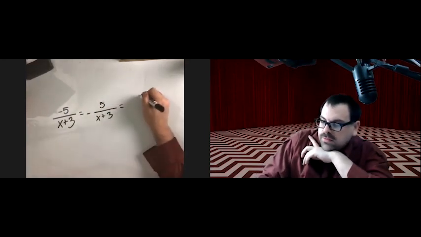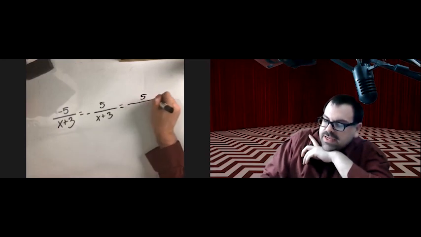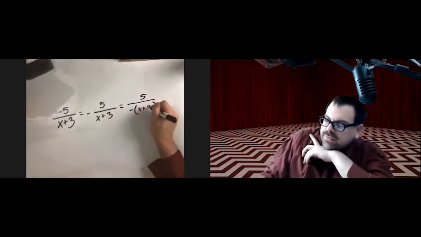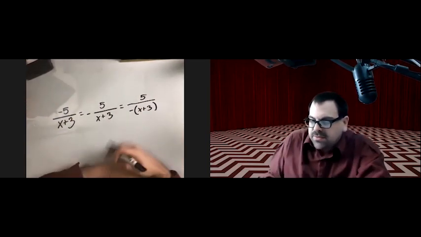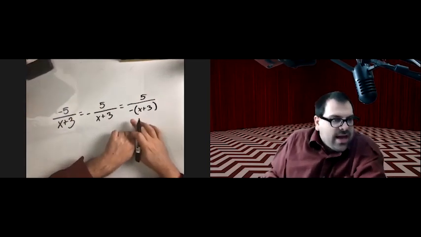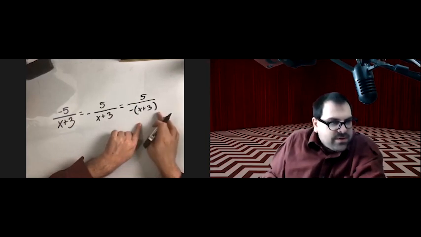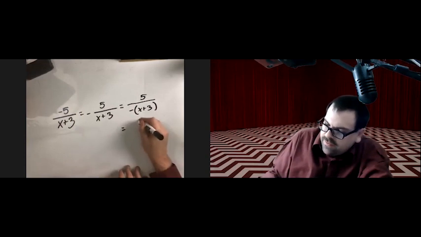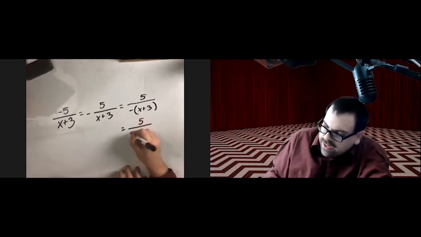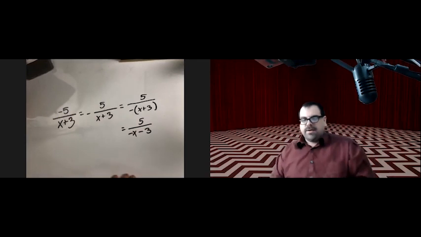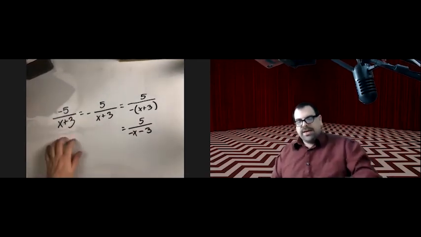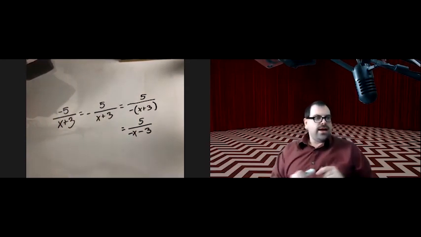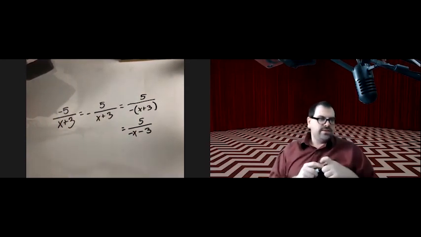Or the negative on the outside can also come to the bottom, but if you do that, it can't just be -x plus 3. It has to be in parentheses, -(x + 3). 5 over -x minus 3. So these are all the same thing, and you can write it in any of those ways.